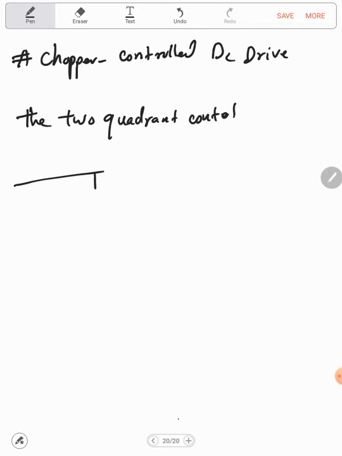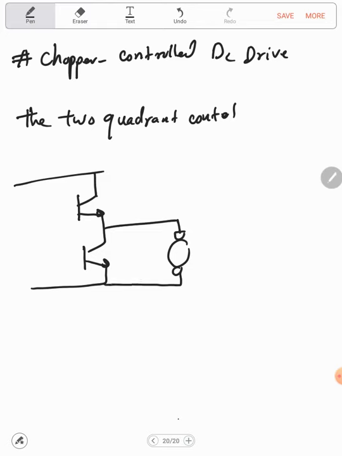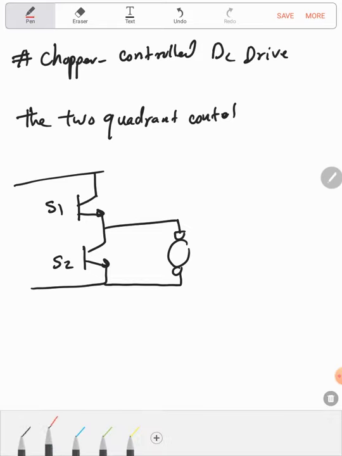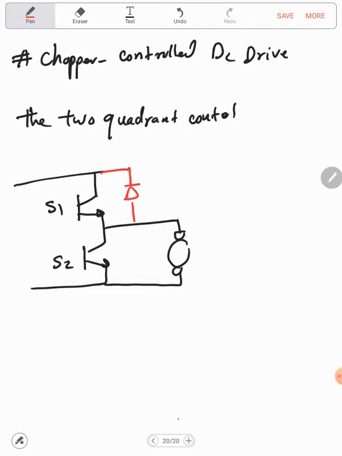So in this case, we're having two switches. Let's assume this is switch number 1, this is switch number 2, and we have two anti-parallel diodes.